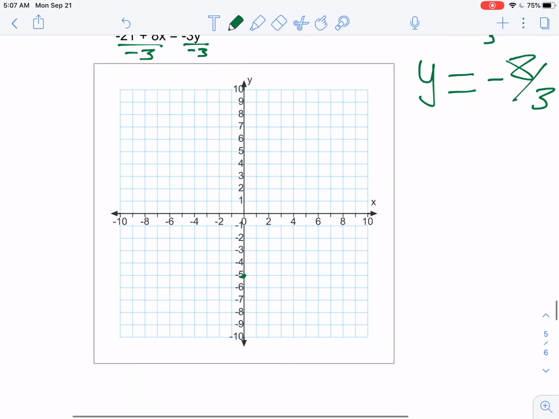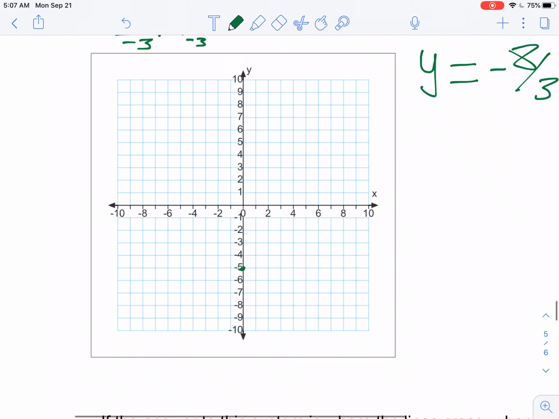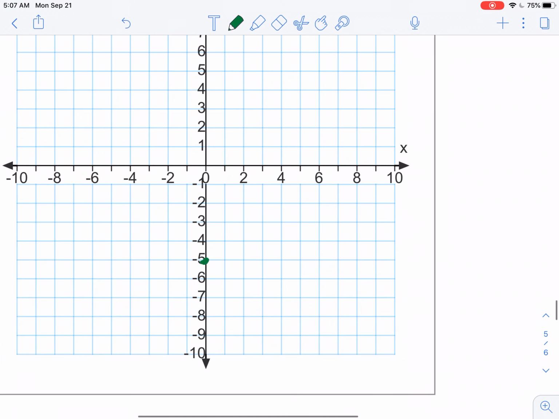And then we have a slope of negative 2 thirds. So we're going to go up 2 and over 3. Up 1, 2, over 3. Right there. Up 1, 2, over 3. Right there. I'm going to make a couple points in the other direction. So we're going to go down 1, 2, and over 3.